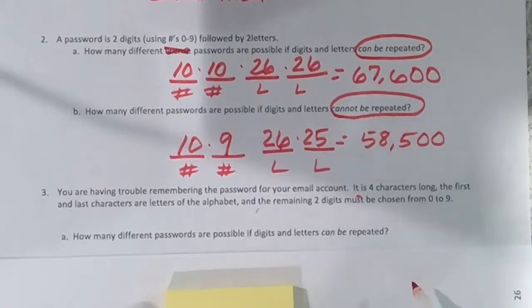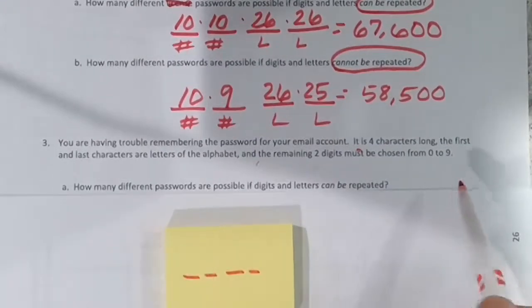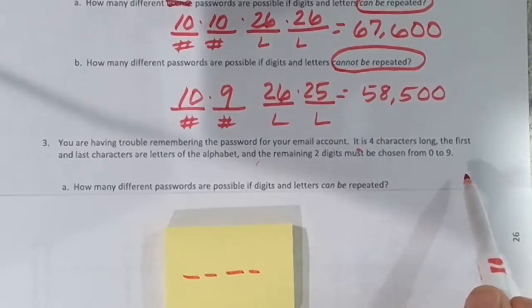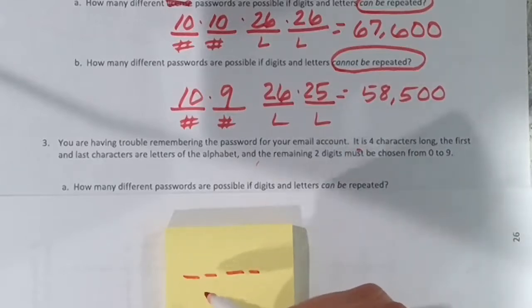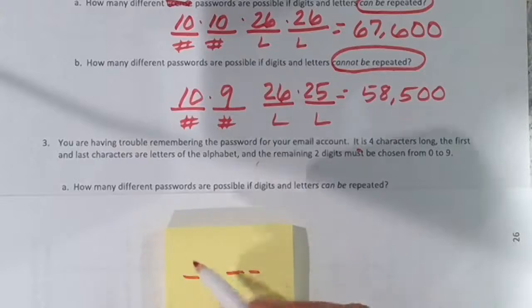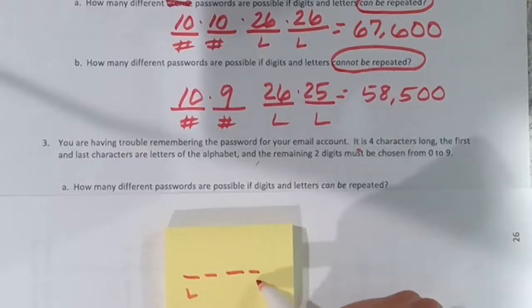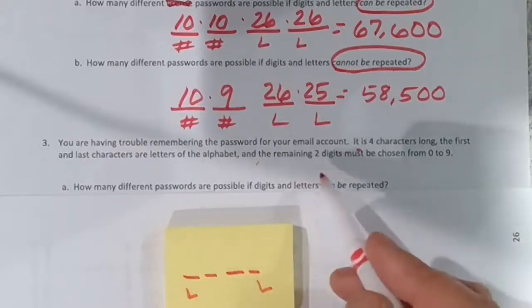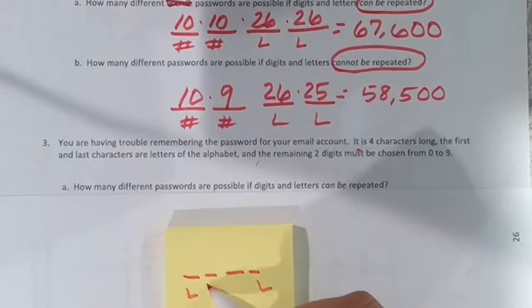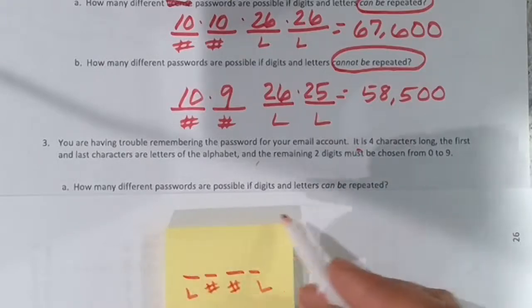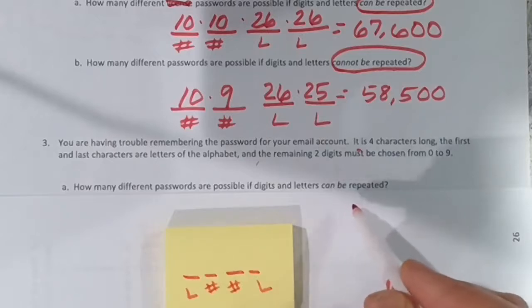You can write this down. The first and last characters are letters of the alphabet. And the remaining 2 digits must be chosen from numbers 0 to 9. How many different passwords are possible if digits and letters can be repeated?